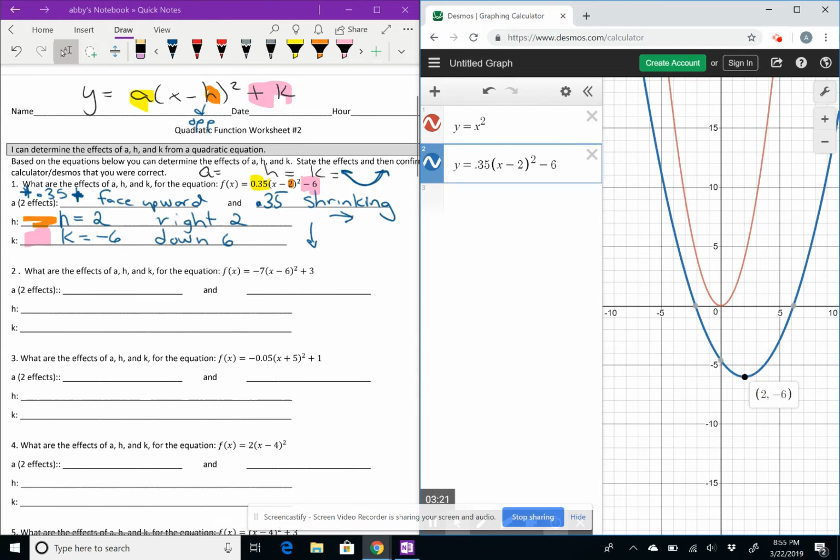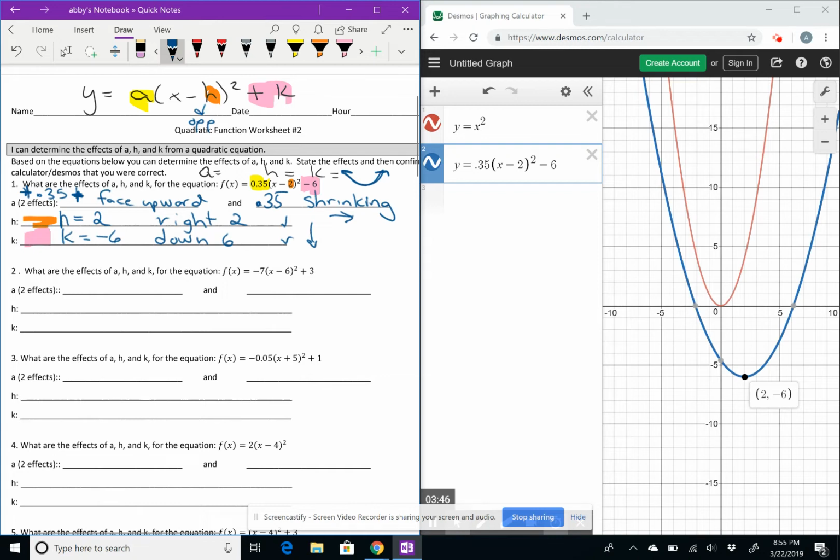So if you gave directions, you would have to go right 2 and then down 6, which is exactly what we said. And notice that we also said the graph is facing upward, so our blue graph is facing upward, and it's wider than what was given as a parent function.